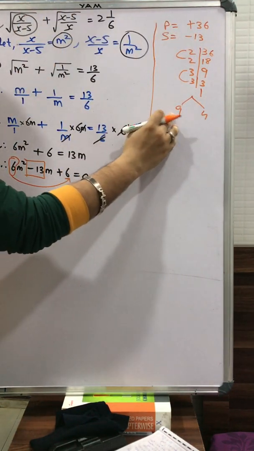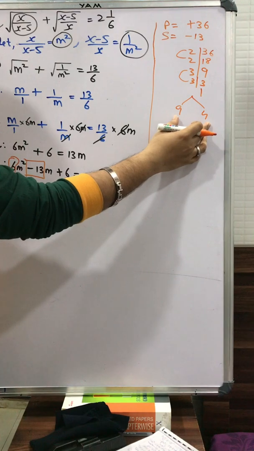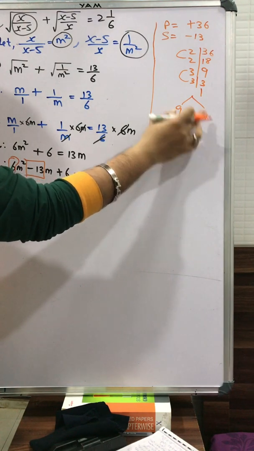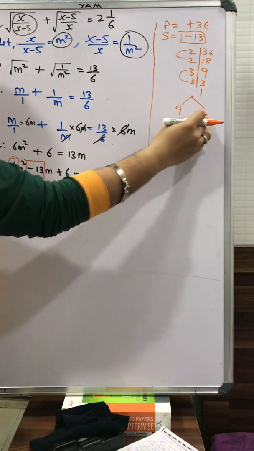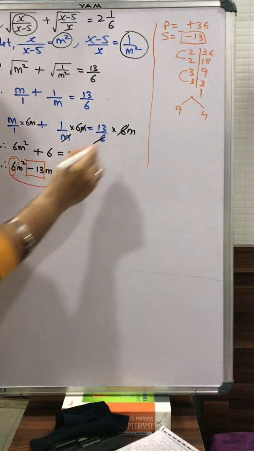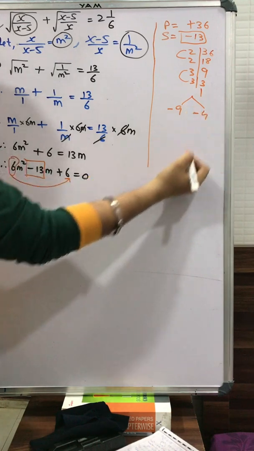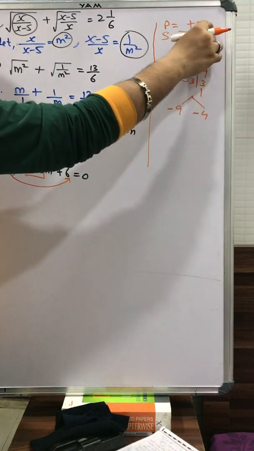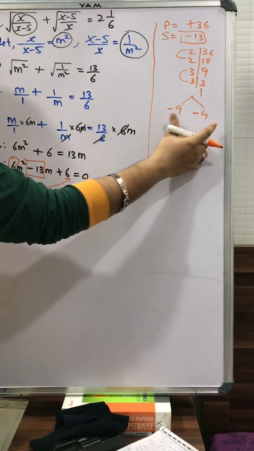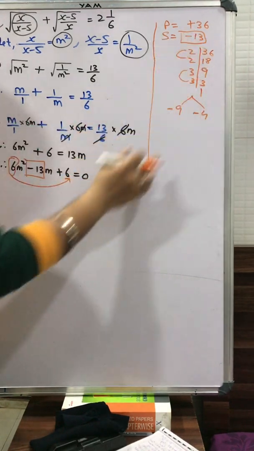But if I add 9 and 4, do I get minus 13? Sorry, I want minus 13 here. No, 9 plus 4 is just 13. So if I put here minus and here minus, once again now minus 9 multiplied by minus 4 will give you plus 36. And minus 9 and minus 4 if you add, it will give you minus 13.